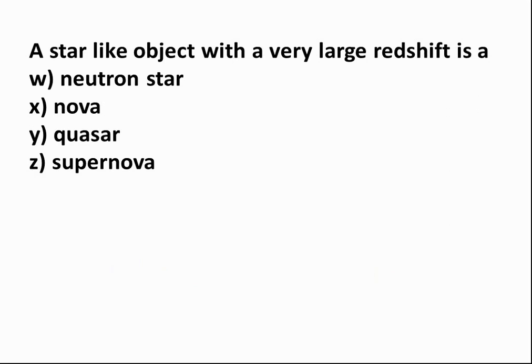A star-like object with a very large redshift is a W. Neutron star. X. Nova. Y. Quasar. Z. Supernova. Answer: Y. Quasar.